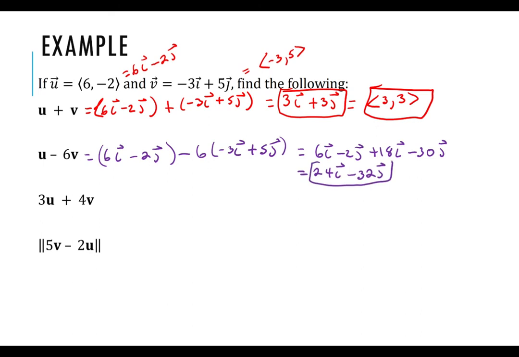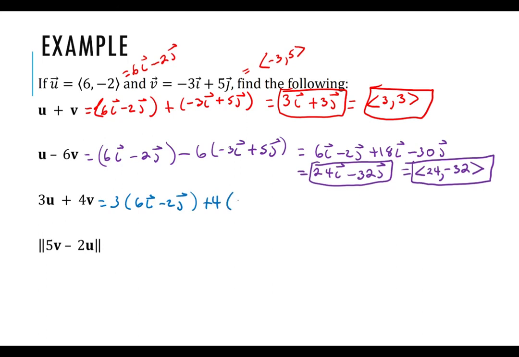There's our answer. Of course, if we so desired, we could rewrite that in component form, that is 24, negative 32 in our pointy brackets. And that's perfectly okay as well. Then 3u plus 4v: 3 times 6i minus 2j plus 4 times negative 3i plus 5j.